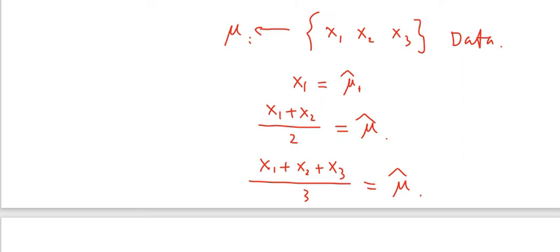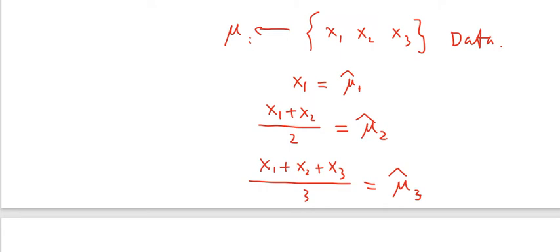Roughly, suppose this is mu, and we put this as mu hat 3, the estimate for mu, and this is mu hat 2. So mu hat 3 seems better than the others, right?